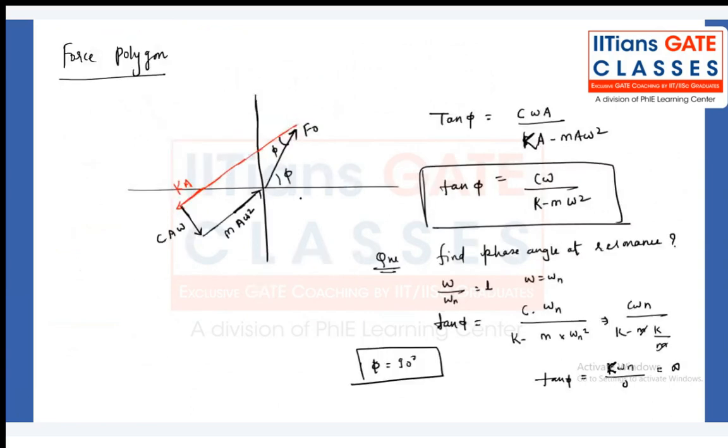Note on the force polygon. Everybody knows F naught is there, then K is there, then C omega A.